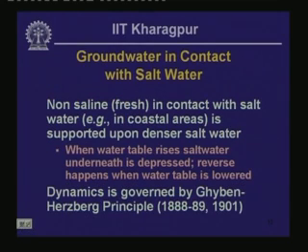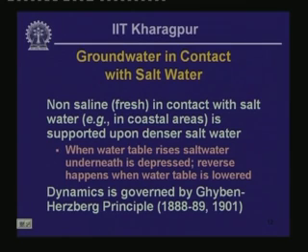So what are the causes? How do you estimate whether lowering of groundwater table in a coastal area is going to trigger ingress of salt water and eventually displace the fresh water from the area?